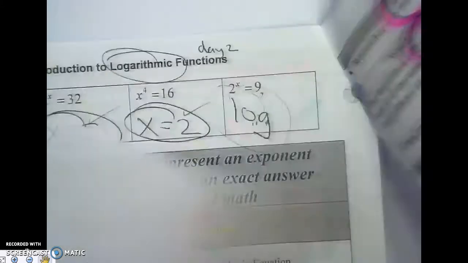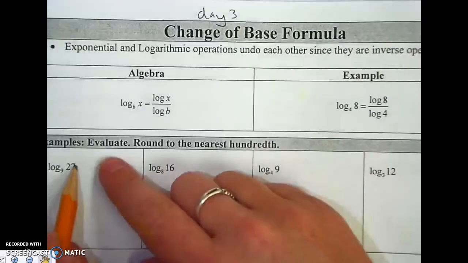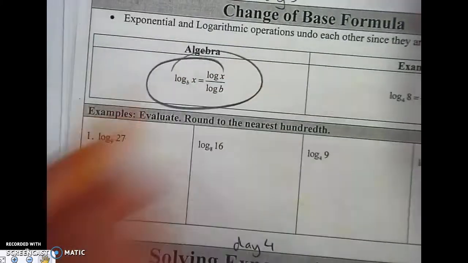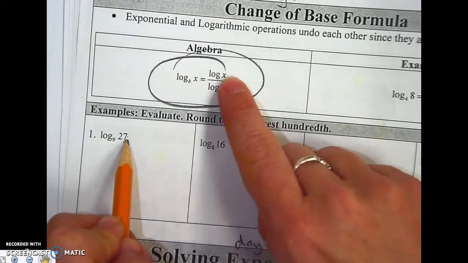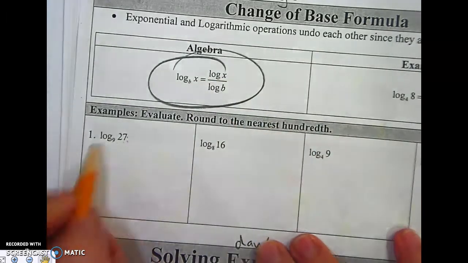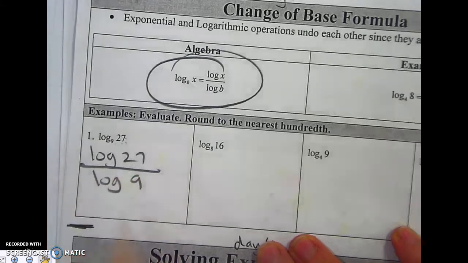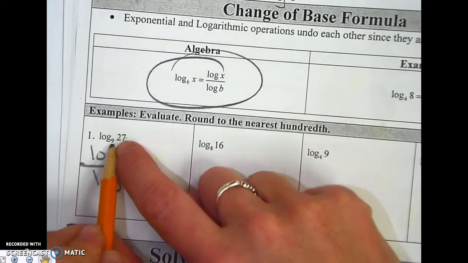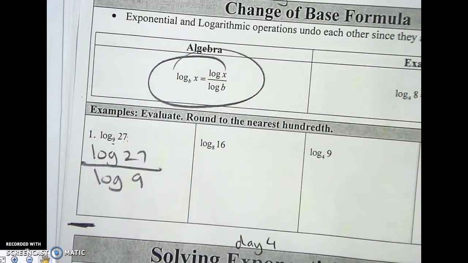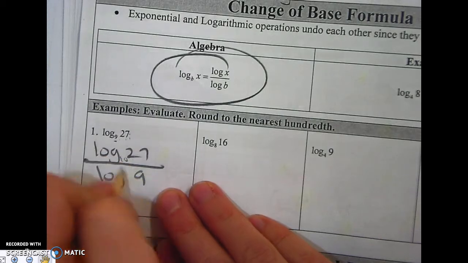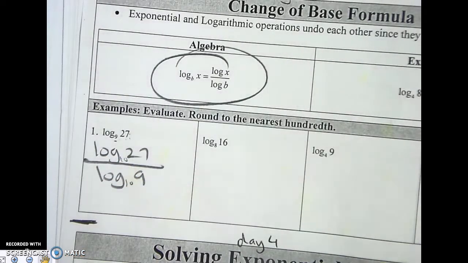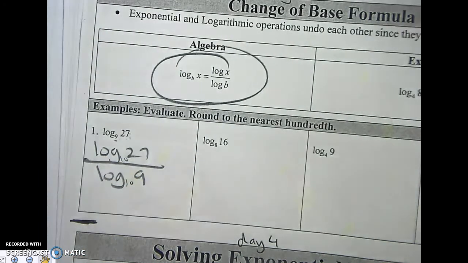So there's a rule that says if you can't change it to make them match, you take the log of the answer over the log of the base. What that means is, if you're in base 9, I can't find the answer. But if I'm in imaginary base 10, I can manipulate it so that I can get the answer.